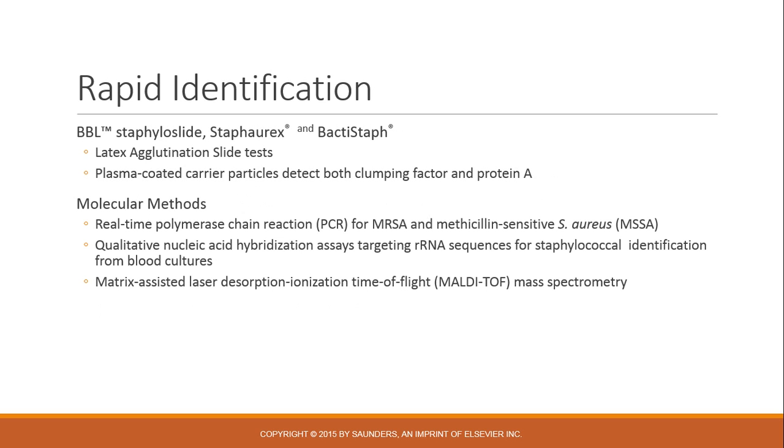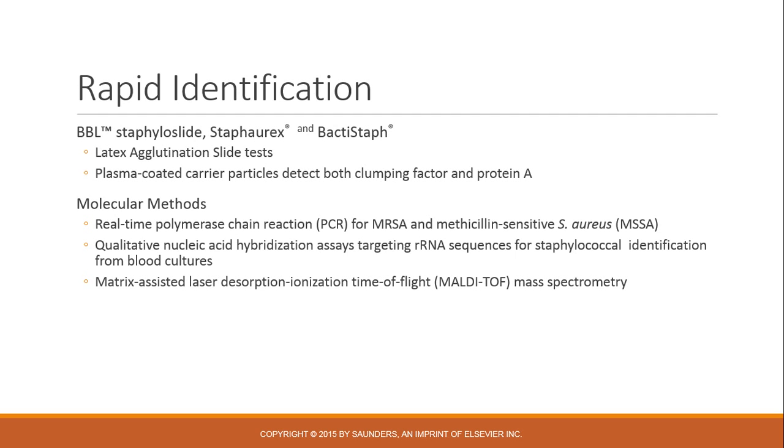This is the latex agglutination slide test I was talking about for the coagulase. So they're modified, so they might be attached to some kind of a particle instead of not attached to any kind of particle. So it helps you see the agglutination better. This one tests for clumping factor and protein A, so you don't have to back it up with a tube test.